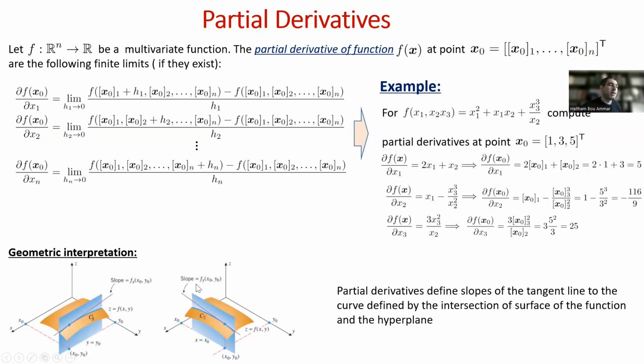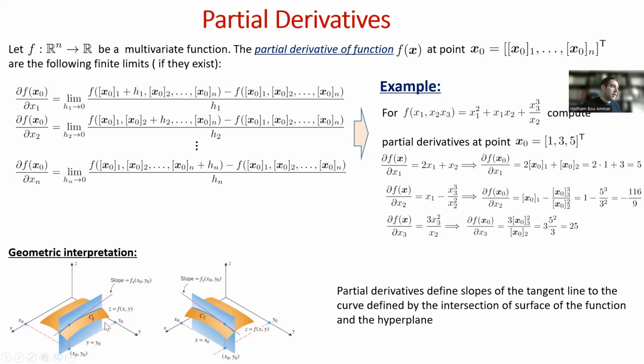And similarly with respect to the second partial derivative. In this case, we fix x0 and we consider the univariate function that has the form f of x0, y, and that will be just a function of y. And then when we compute the partial derivative, again, it will be the slope of the tangent line to that univariate function f of x0, y at the point x0, y0.